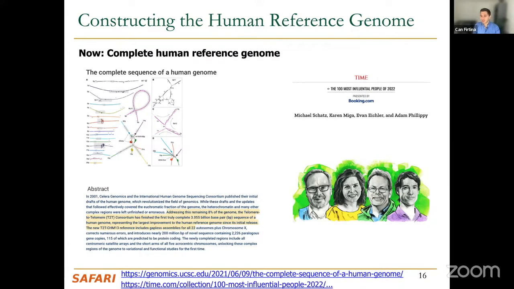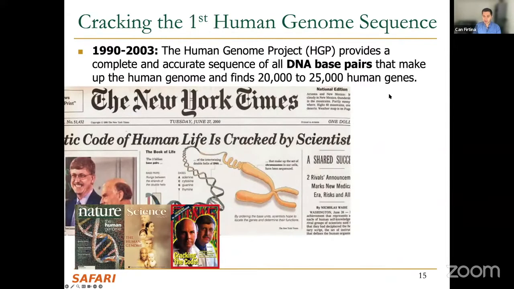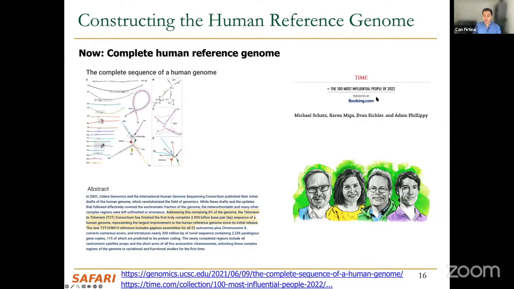And this was an effort of many people, of course, but especially led by certain people, as you can see here, especially by Adam Phillippy, Evan Eichler, Karen Miga, and Michael Schatz.